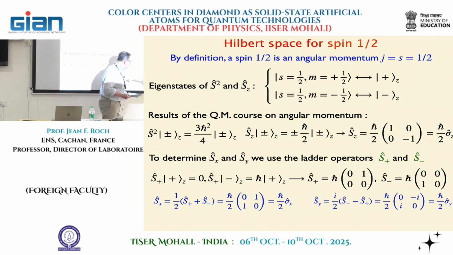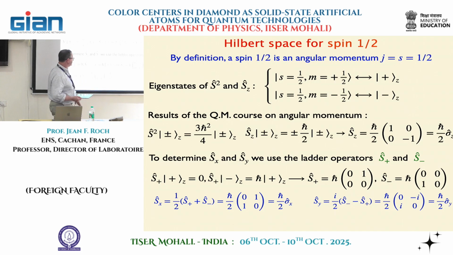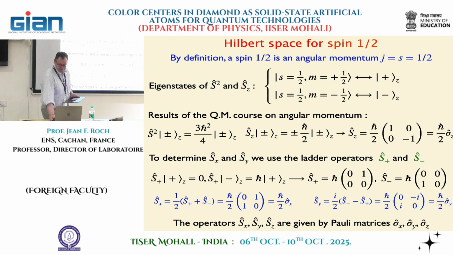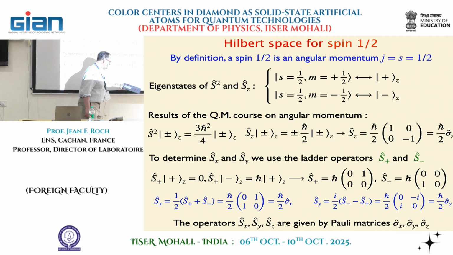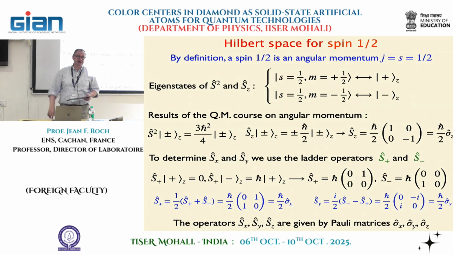I have this formula, and now it's simply this new matrix, sigma y. And what I have here are the 3 components of the Pauli matrices. So the spin 1/2 is associated to these 3 Pauli matrices. And the operators Sx, Sy, and Sz are given by the Pauli matrices times h bar over 2. OK?